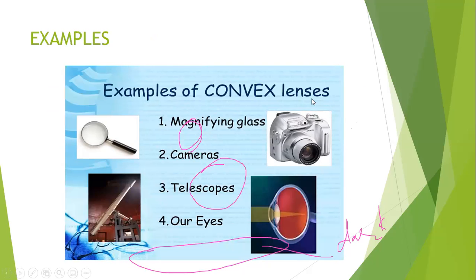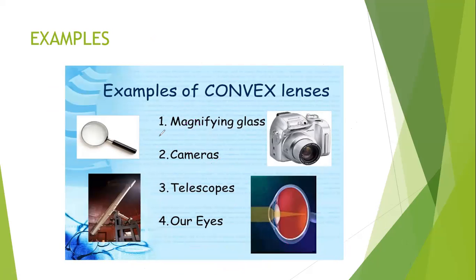Some examples of convex lenses. Here you can see convex lenses are present in a magnifying glass, which means a magnifying glass is thicker from the center and thinner from the edges.